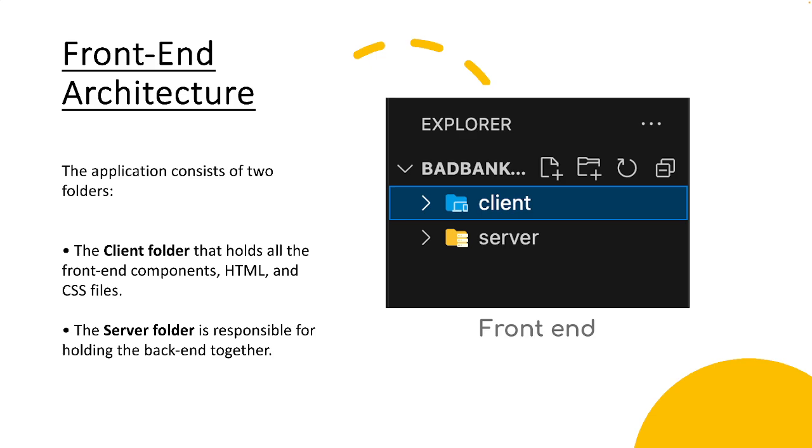It's going to be the whole user interaction. And the server is just the back end. It's everything that holds it together, the database, and the server that connects the front end with the back end, basically. We won't cover that in this video, but there's going to be those 2 folders for this entire project.